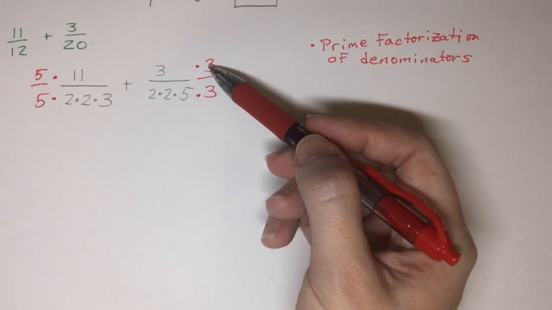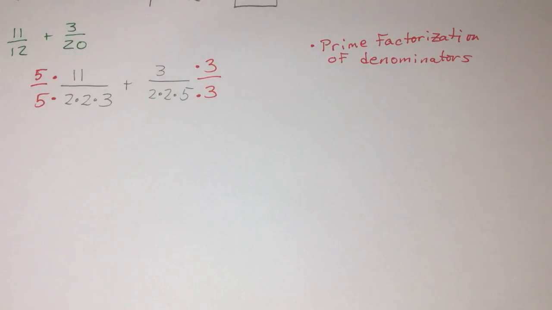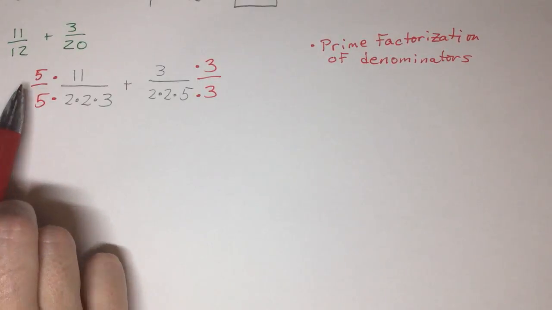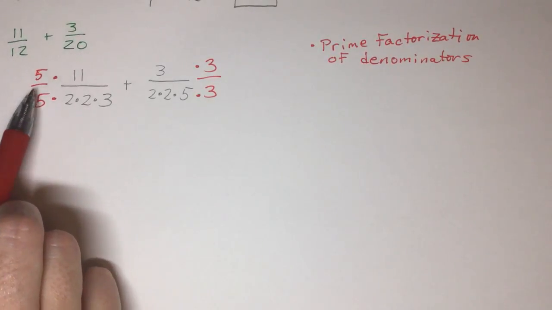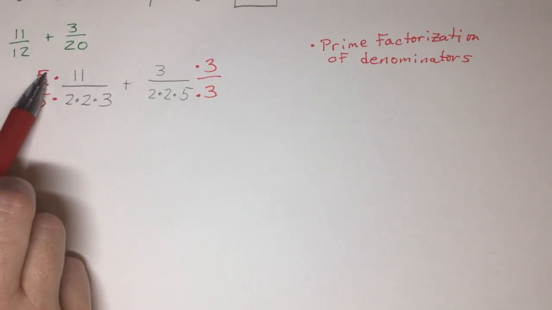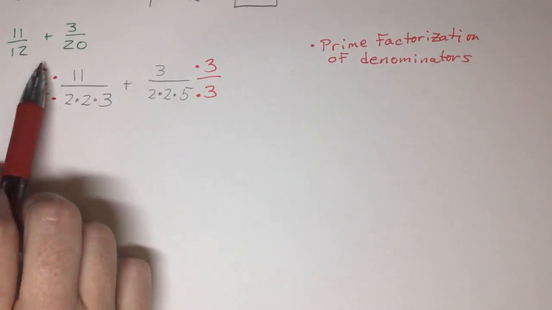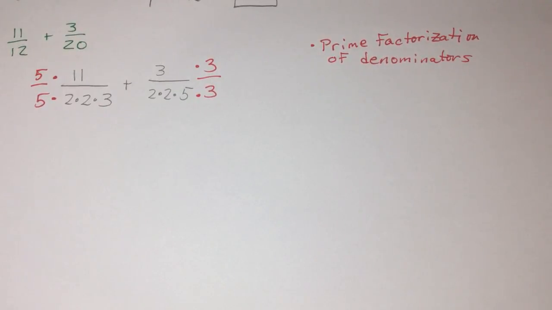This is why I like using another color to show what I'm doing with addition, subtraction, anytime I'm changing the problem a bit, being careful that I can see that I'm multiplying by 1 here. If I only had a 5 in the denominator and not in the numerator, I'd hopefully recognize that, and you see that a lot better if you're using color.